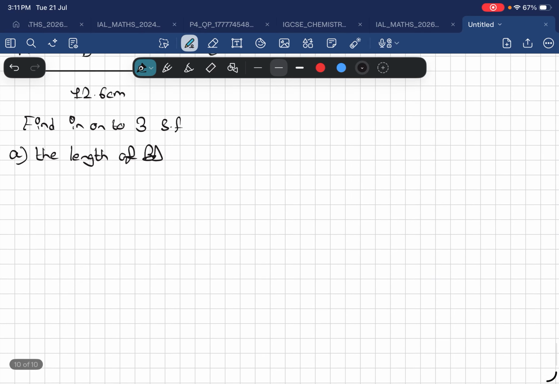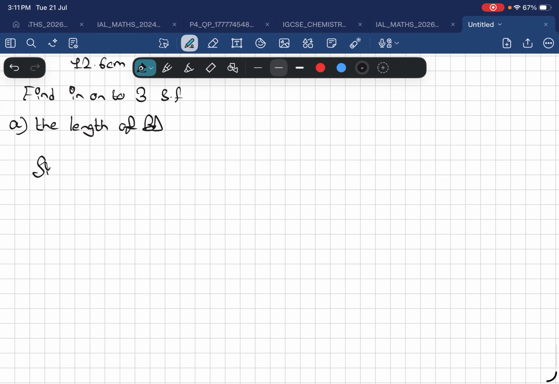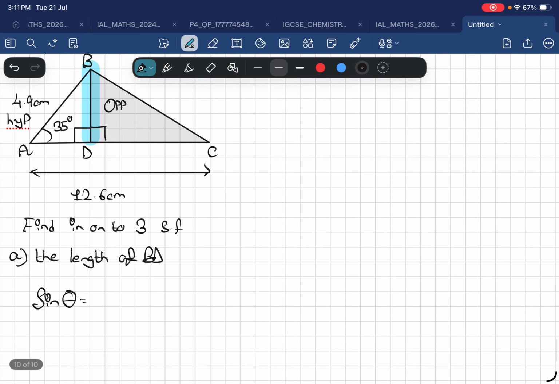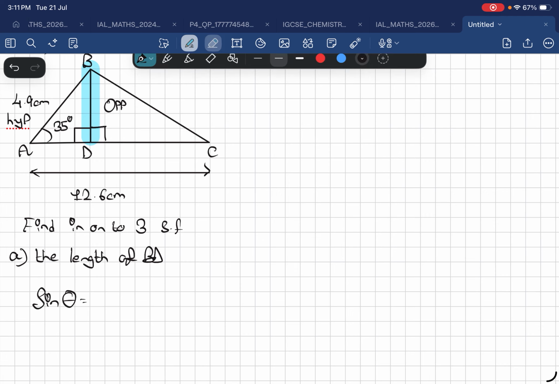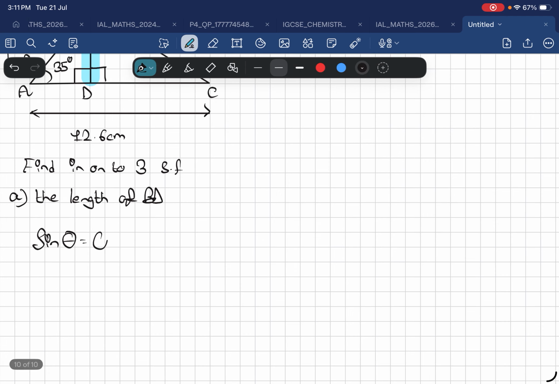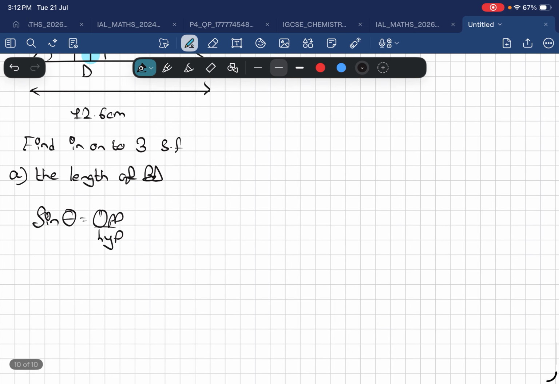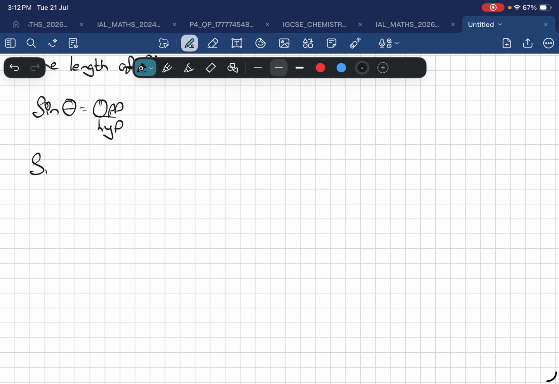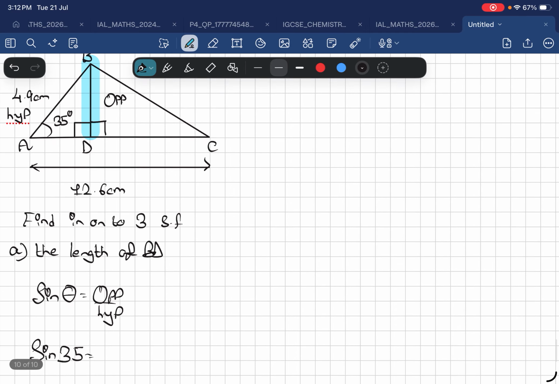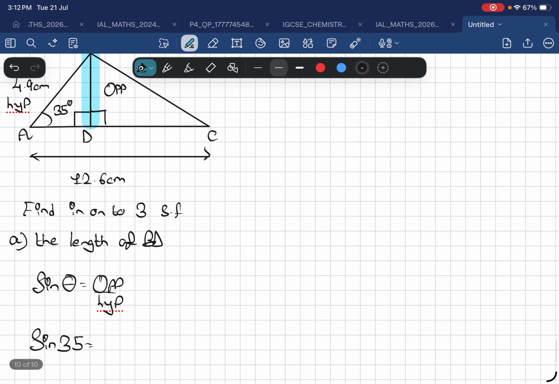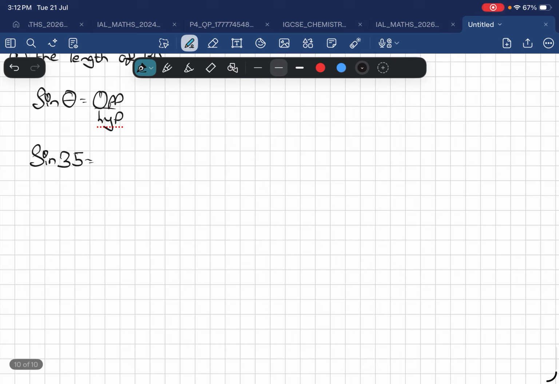We will use sine theta equals opposite by hypotenuse. So the angle given is 35, sine 35. The opposite is BD, which in the question they told us to find.